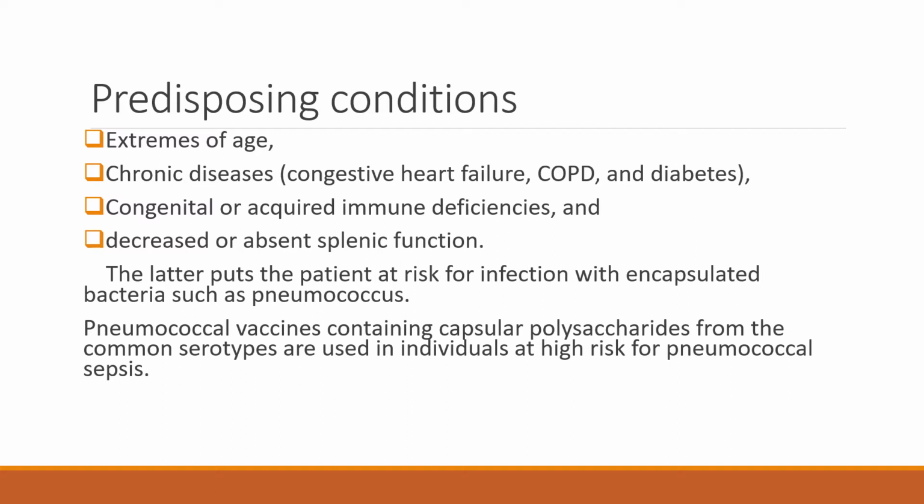All these conditions predispose to pneumonia, and this latter condition, decreased or absent splenic function, increases the risk for infection with encapsulated bacteria such as pneumococcus. So there are vaccines available that contain the capsular polysaccharides from common serotypes, and they are used in individuals at high risk for pneumococcal sepsis.